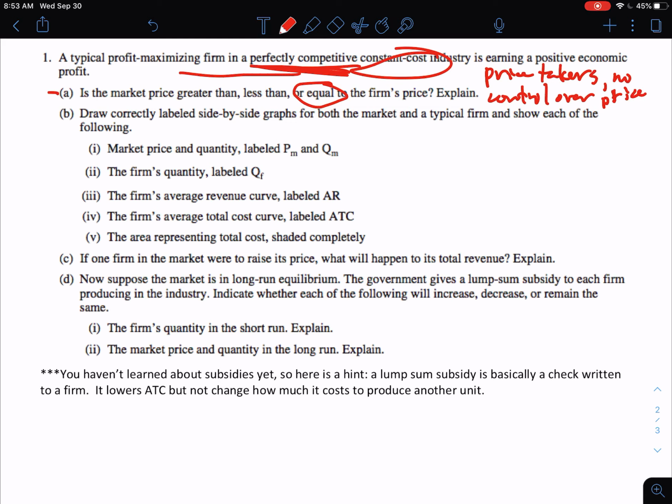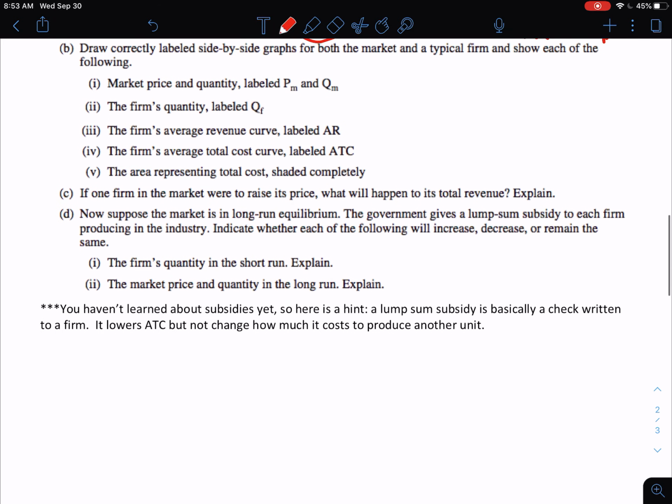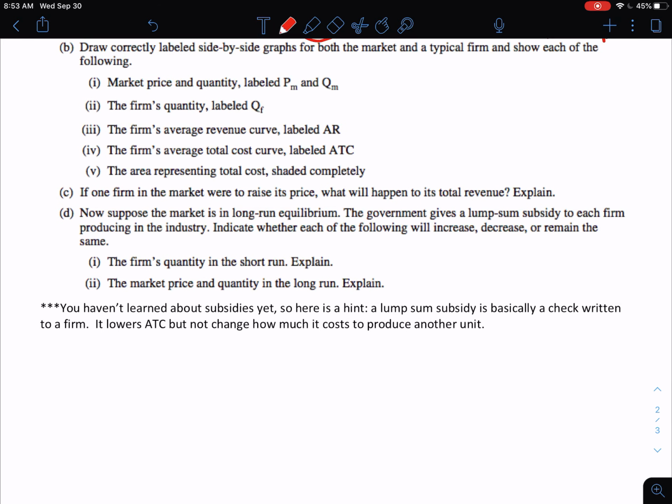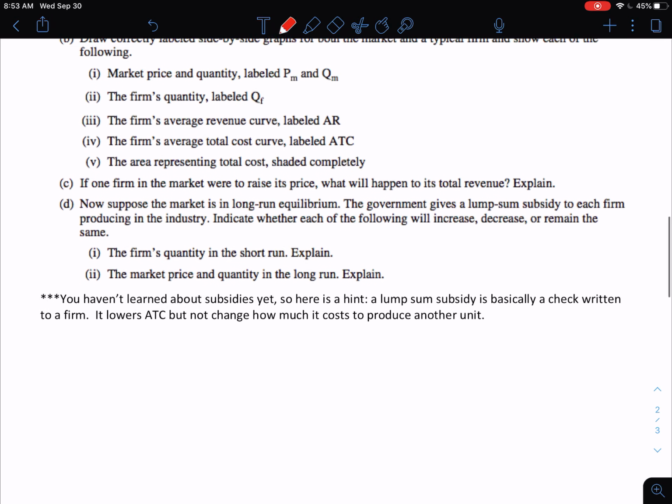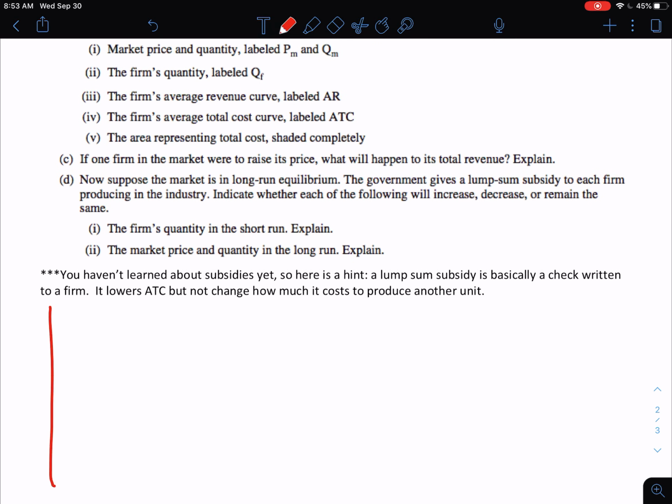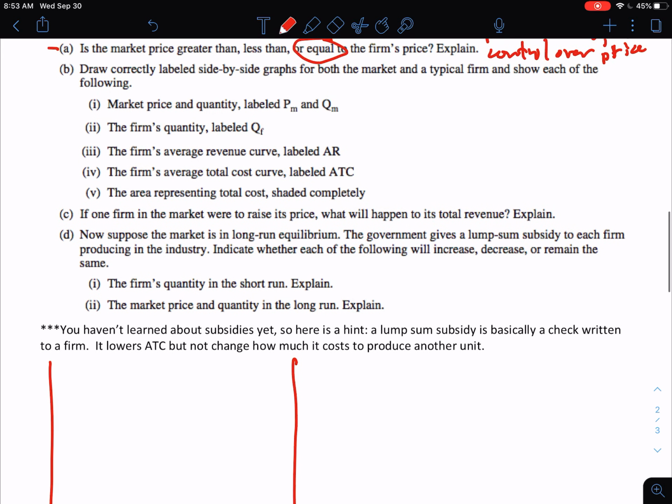Okay, draw correctly labeled side-by-side graphs for both the market and a typical firm and show each of the following. So this I am going to do down low so that we can see it a little bit better. Which one are we supposed to do first?